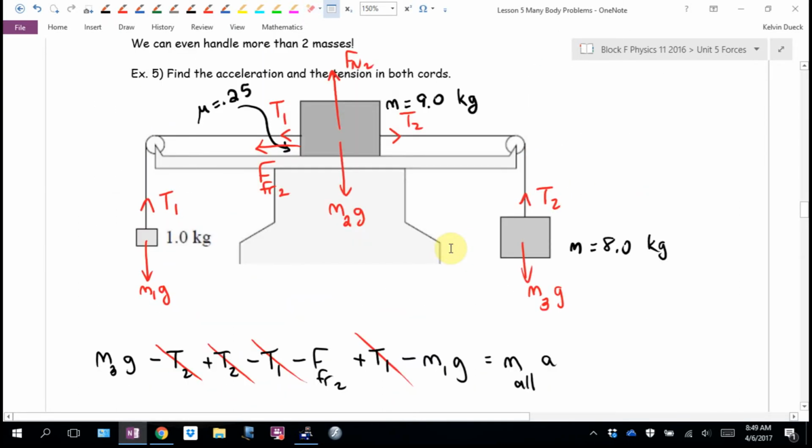But look. I know another force the same size as normal force number 2. Gravity. Which one? I got 3 in my equation. Be specific. Please refer to forces specifically by using letters and numbers. M2G. Yes.